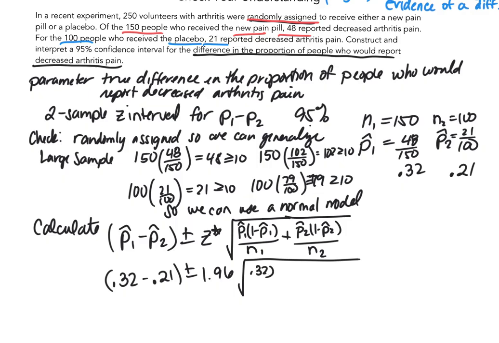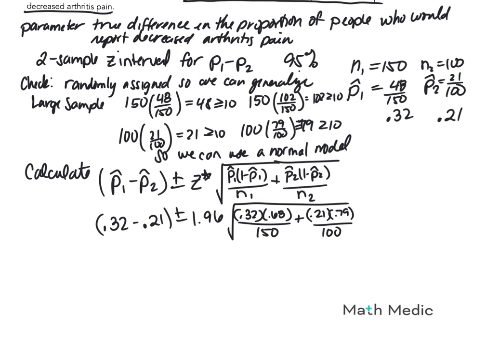And we get 0.32 times 0.68 over 150 plus 0.21 times 0.79 over 100. We're going to plug this all in the calculator and get our two answers. So I have it all plugged in the calculator here. There you go.